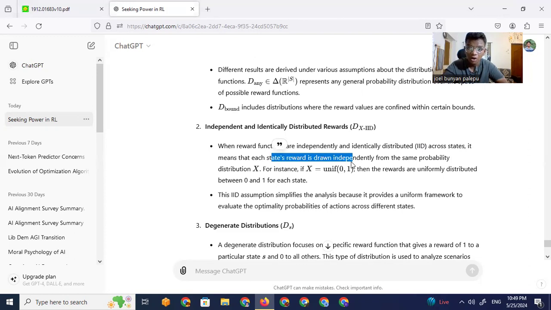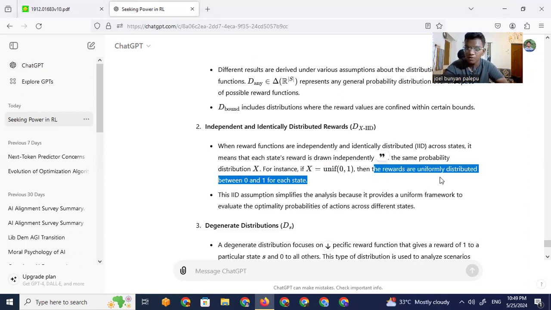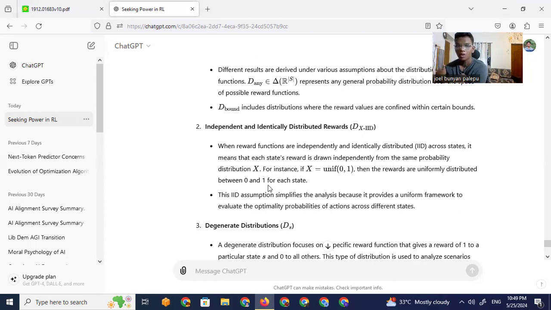It means that each state's reward is drawn independently from the same probability distribution. For instance, if X is equal to uniform of 0 and 1, then rewards are uniformly distributed between 0 and 1 for each state. Okay. Then this IID assumption simplifies the analysis because it provides a uniform framework to evaluate the optimal probabilities of action.